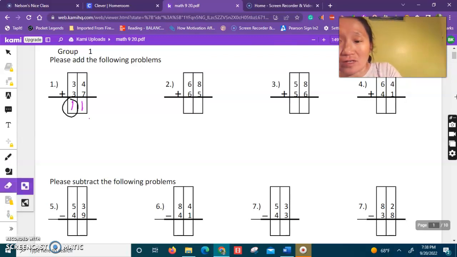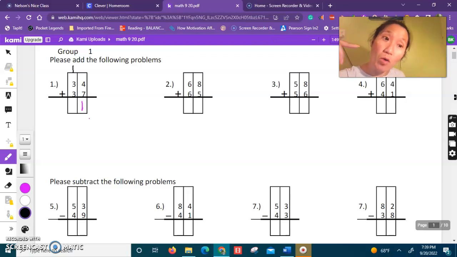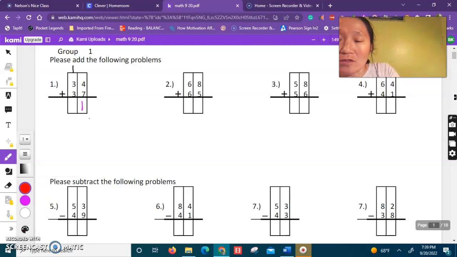So, you're going to have to erase that and carry that 1 that you said, the 11, carry that 1 above. Because you have to put the 1 group of 10 in the 10's place. That 10 of the 11 cannot go in the 1's place. It has to go in the 10's place. Okay? So, I carried it above and put it above. Now, you are going to add the 3, and the 1 for 7.